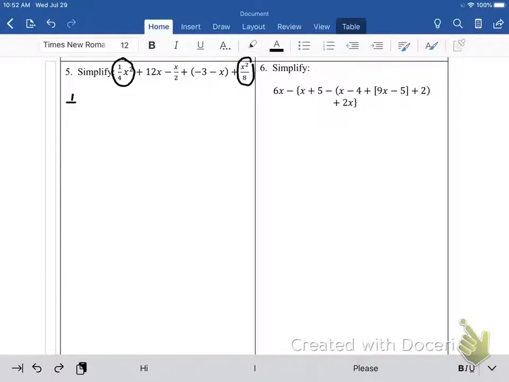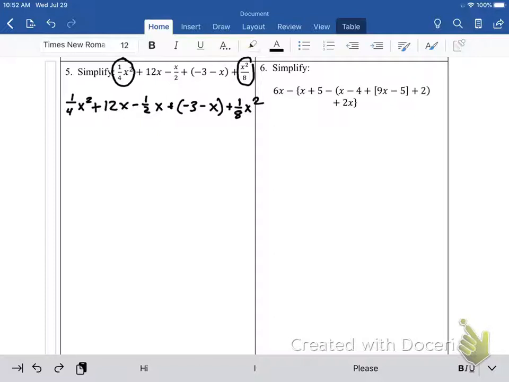So just to simplify that, I'm actually going to go through and pull out those fractions so that x over 2 becomes negative 1/2 x plus negative 3 minus x plus 1/8 x squared. You don't have to do this, but I just want to show the coefficients very clearly.